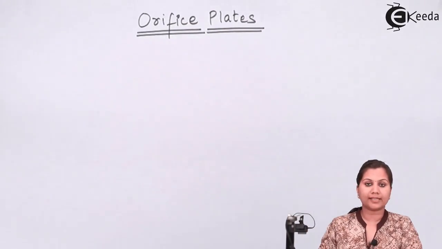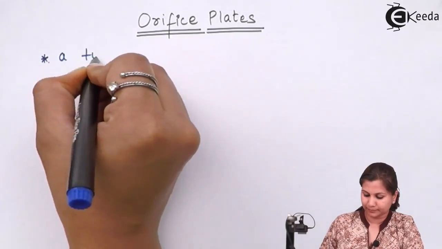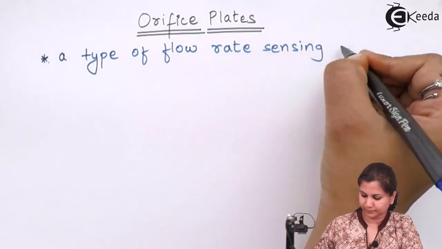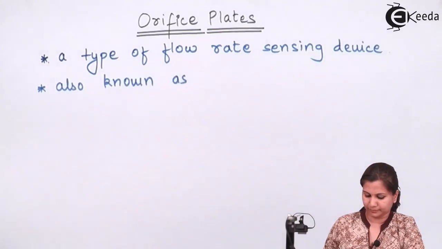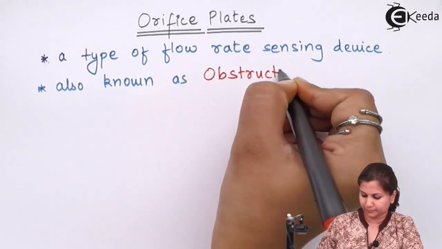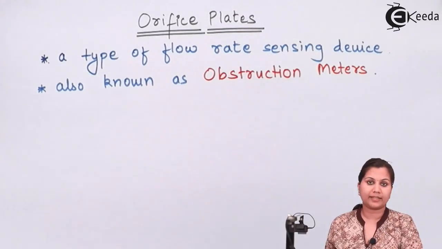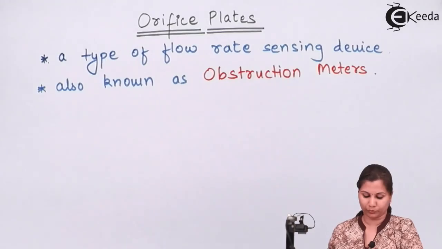Orifice plates are a type of flow rate sensing device, also known as obstruction meters, because these devices act as an obstruction in the fluid flow.